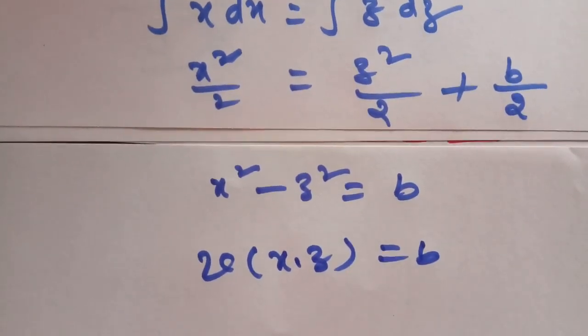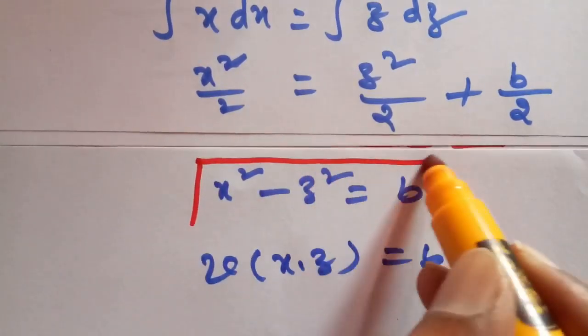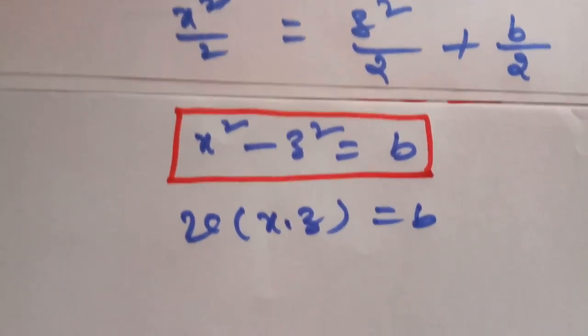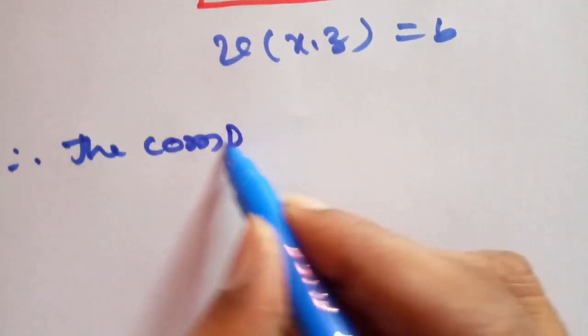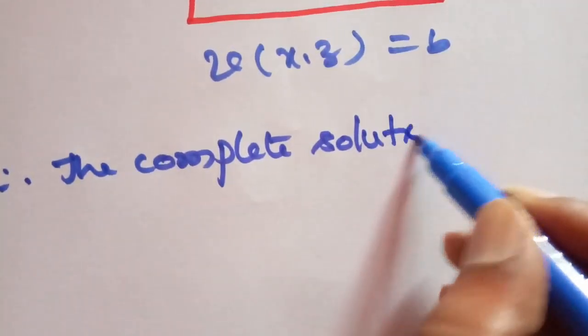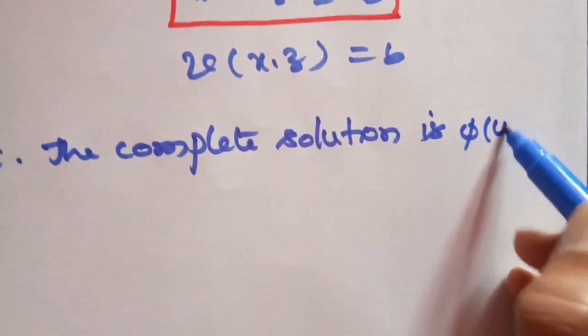Therefore, the complete solution is phi of u comma v equal to 0.